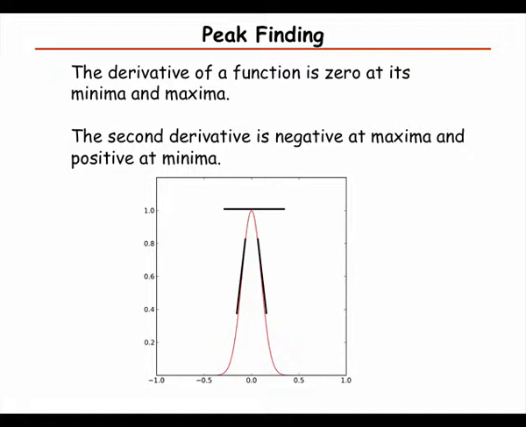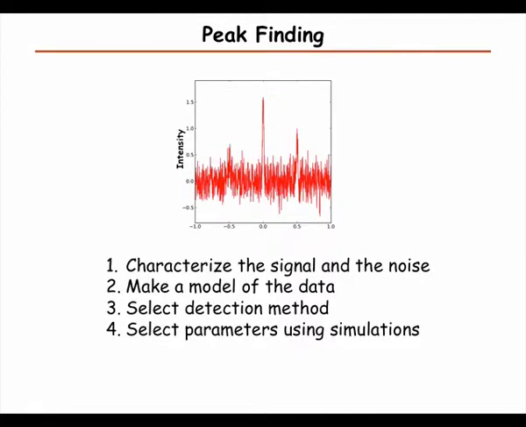So the second derivative of the function is negative at maxima, because we go from positive derivative to negative. But practically this method works very well for functions that are well defined, but since we have noise, we can't really apply this in practice. We could try to smooth a lot but it's usually not used.